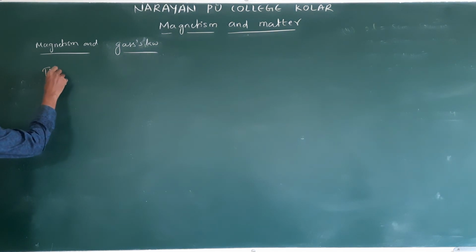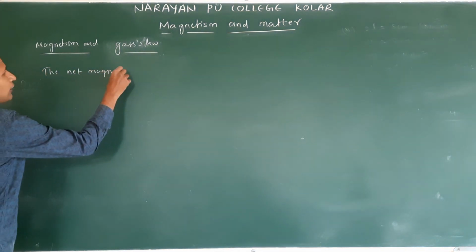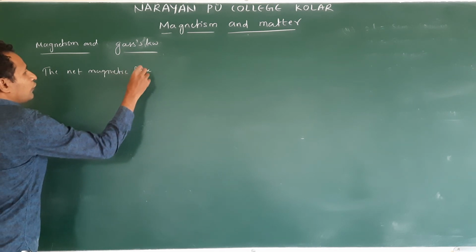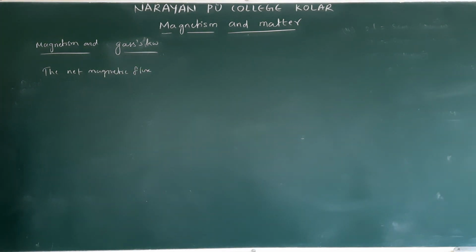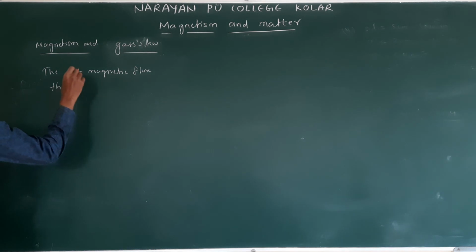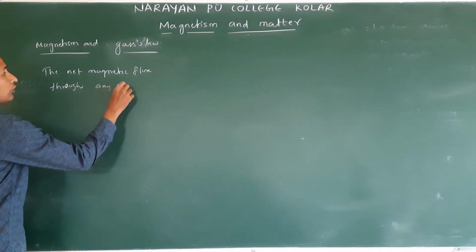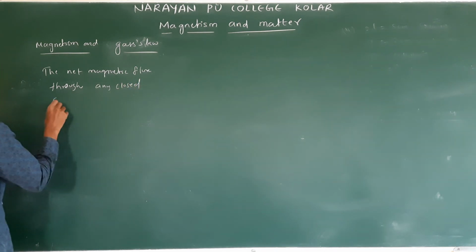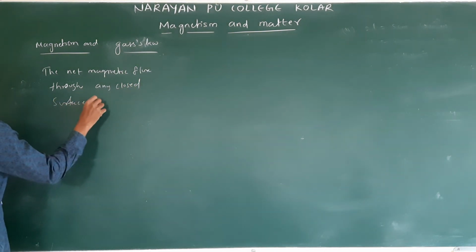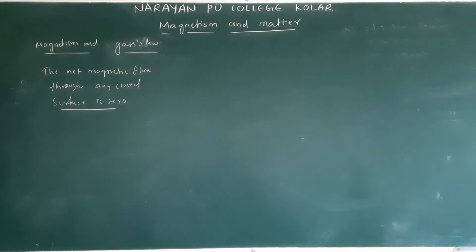The net magnetic flux through any closed surface is 0.